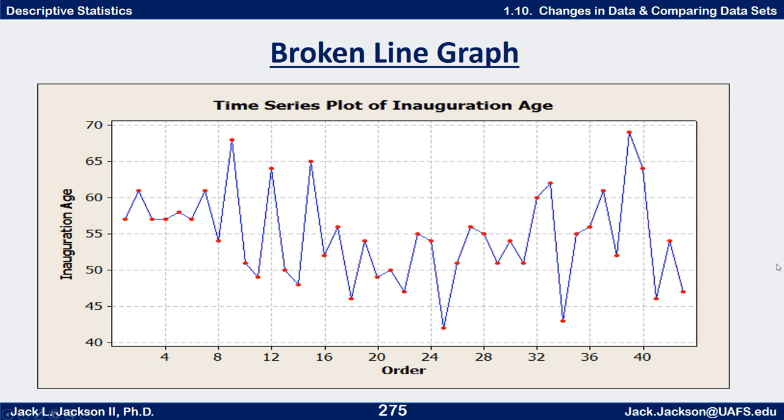Of course, this will go on in the future as we get more and more presidents. So, in a sense, this is still just a sample, even though it does include all data up to the time I'm recording this particular video.